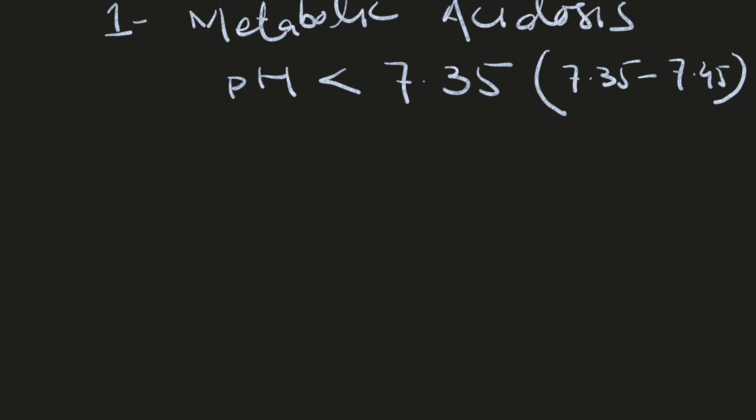Now I have told you that the metabolic component is mainly controlled by the bicarbonate. And what will happen to the bicarbonate level? Bicarbonate is a base. To drop down the pH to the more acidic side, what will happen to the base? It will get low. And what will the body try to do?